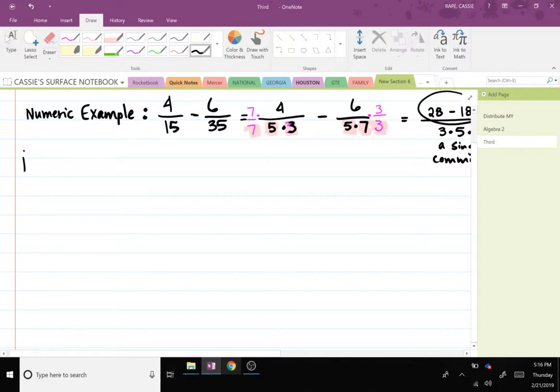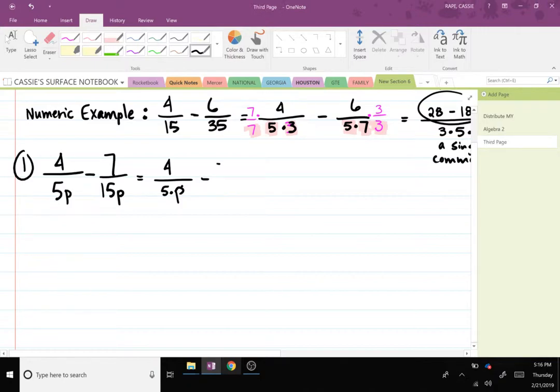It is 4 over 5p minus 7 over 15p. Okay, remember, the strategy is factor the denominators. They're not the same, so I need to factor those denominators. 5p is just 5 times p, right?